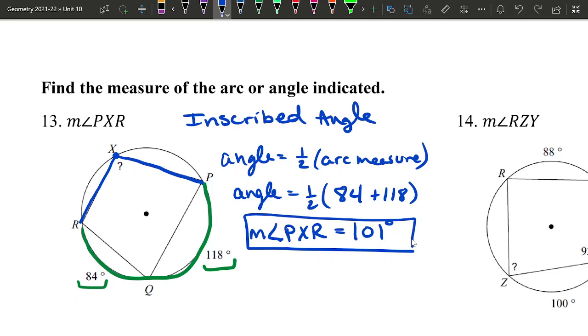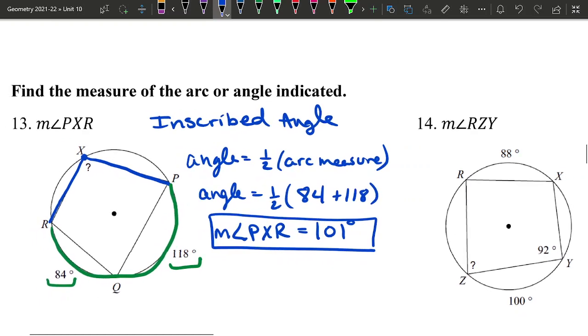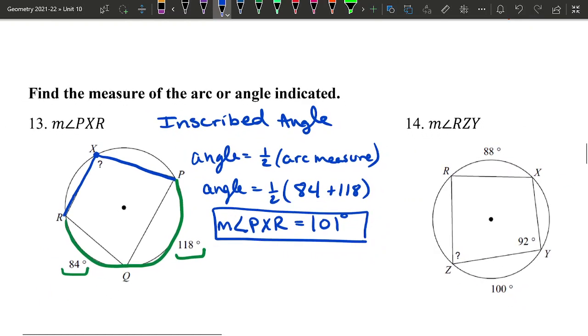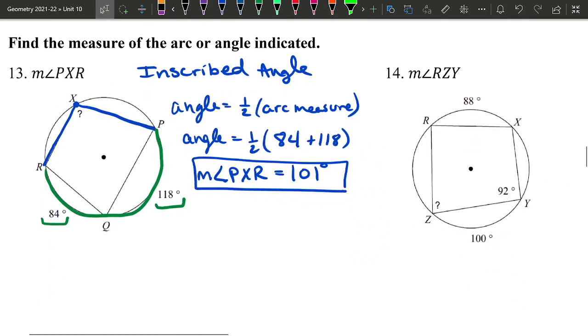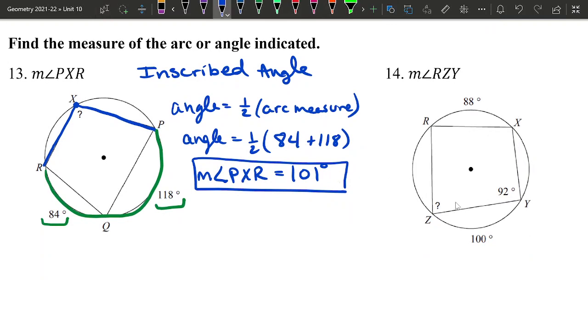So the placement of the vertex shows you which formula to use. You need to make notes on your formula sheet so that you can figure that out. Again, looking at number 14, here is the angle I'm looking for. The vertex is point Z. So there's the entire angle.